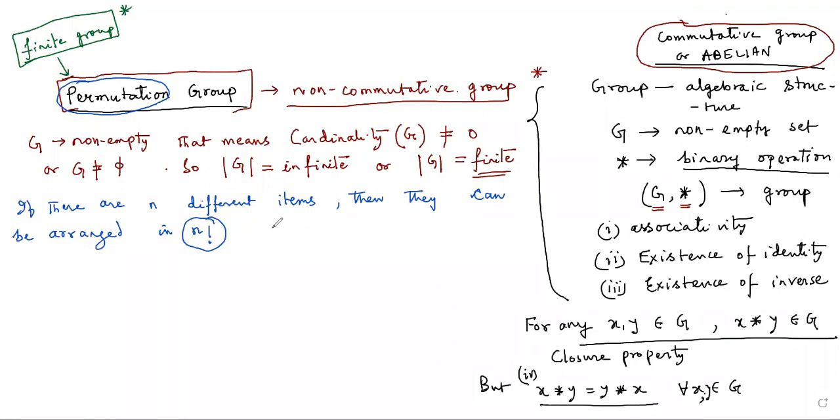And especially if I consider three elements x1, x2, x3, then according to this rule of arrangement or the theory of combinatorics, we see that these elements x1, x2, x3 can be arranged among themselves in 3 factorial, that is 6 ways.